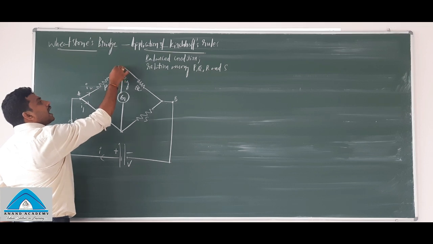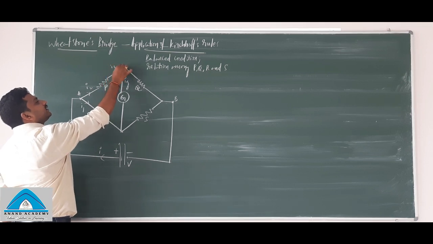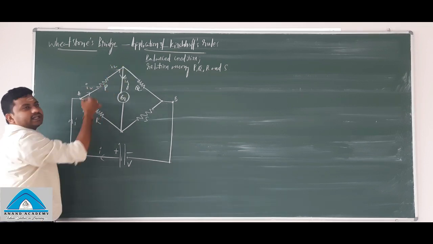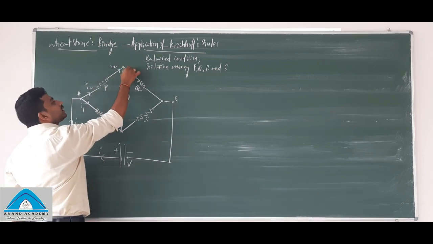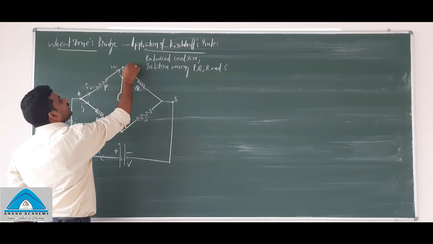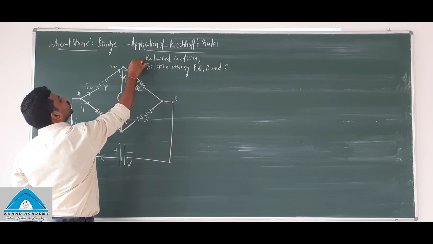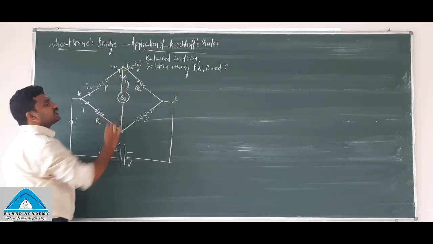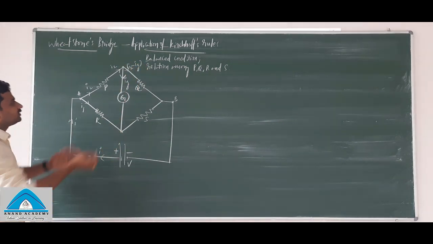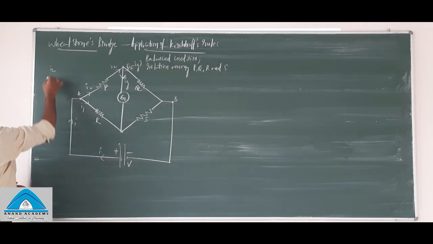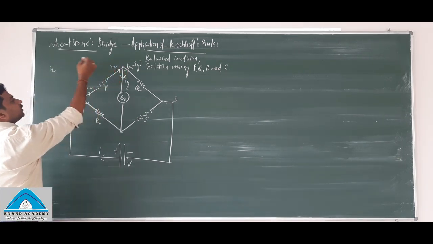And here I2 current enters the junction. Ig current is flowing here, and what is the remaining value here? The remaining value will be I2 minus Ig. Yes or no? Because I2 is the current at this junction, right?